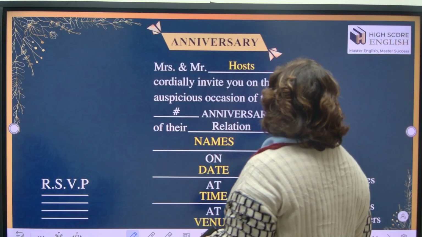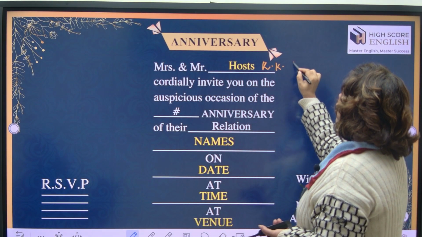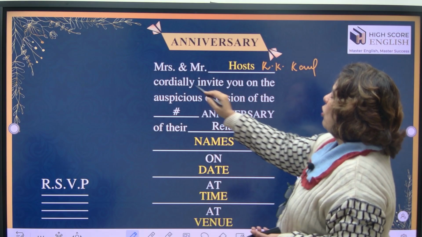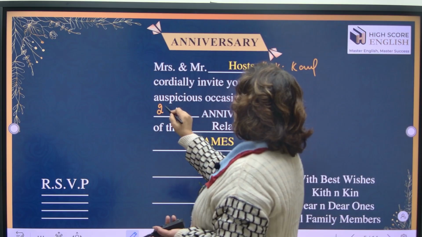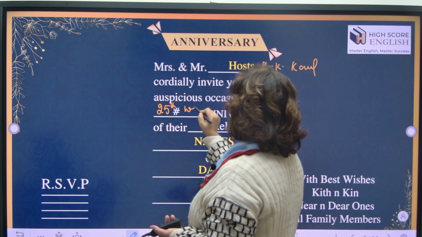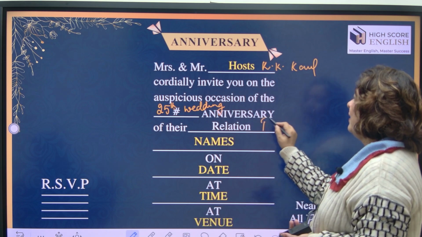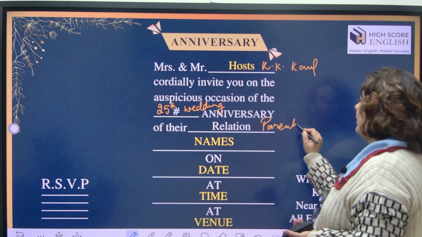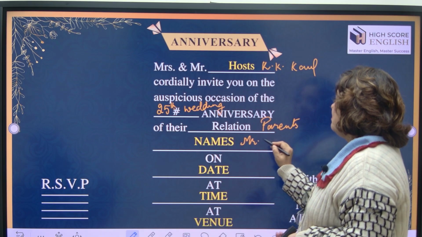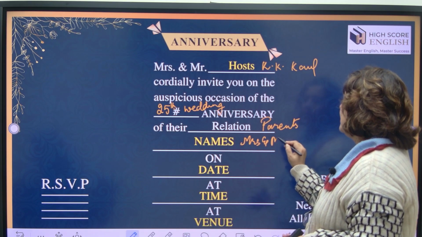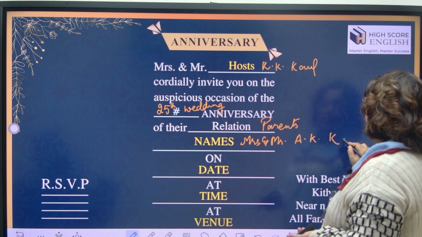One more option I will give you. You can write Mrs. and Mr. K call, cordially invite you on the auspicious occasion of the 25th wedding anniversary. Seems more appropriate. Wedding anniversary of their parents. And here you are going to write the name of both the parents, that is Mrs. and Mr. A. K. Obviously, the surname has to be same.